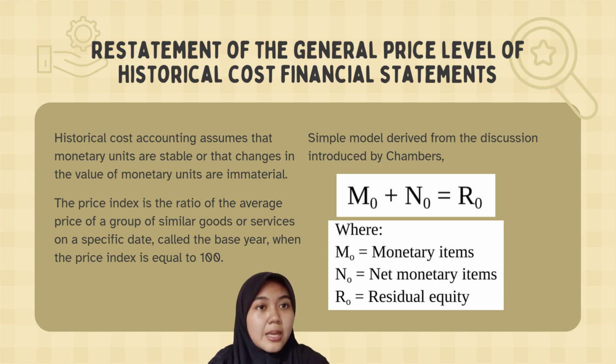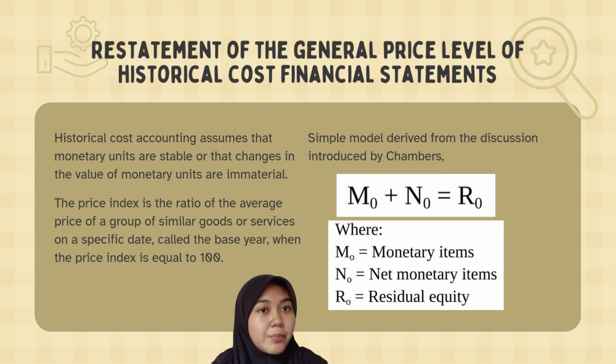A price index is the ratio of the average price of a group of similar goods or services on a specific date to the average price of a similar group of goods or services on another specific date.